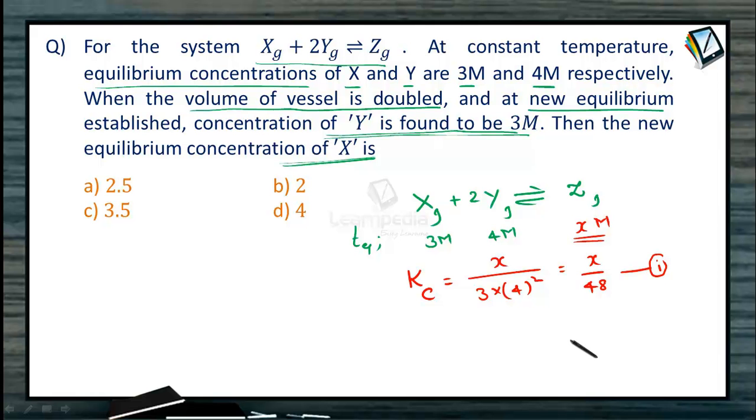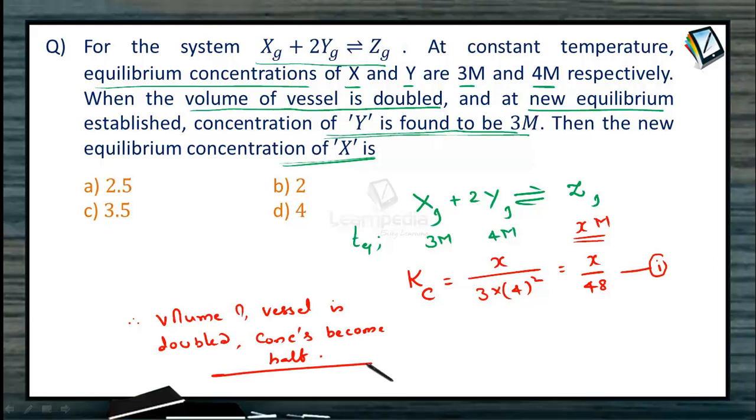Now, when the volume of the vessel is doubled, what will happen? The moment the volume of the vessel is doubled, double the volume is available for substances X, Y and Z, and the concentrations become half of the initial concentrations. So this is one change that is going to take place. Momentarily the equilibrium will be disturbed.